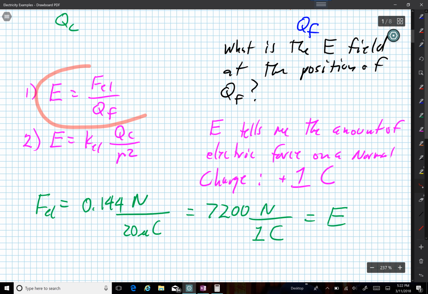Let's say I have a QC1 there, I have a QC2 there, and I have a QF up there. And I've got them in a geometry.